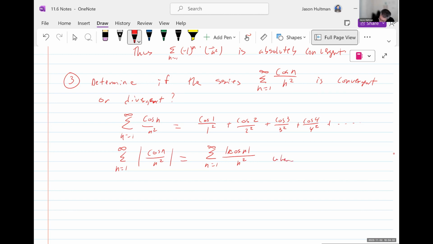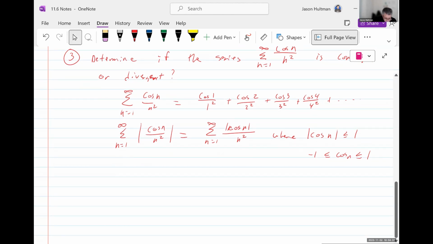The absolute value of cosine is less than or equal to 1. Anything that cosine could be, when I absolute value it, would be between 0 and 1, because cosine is between 1 and -1.